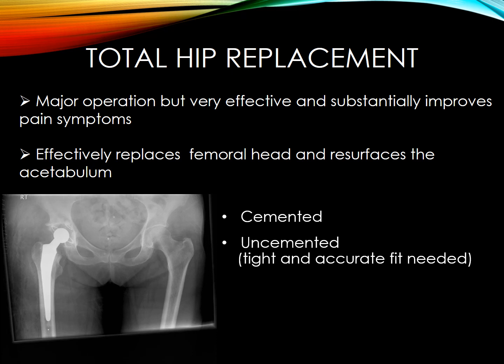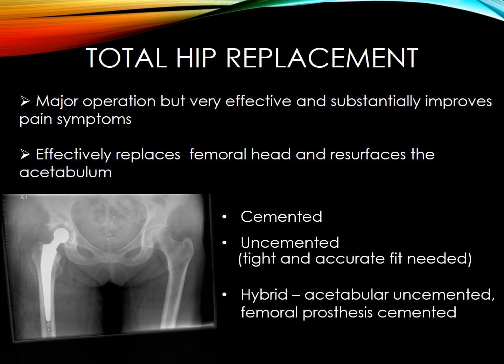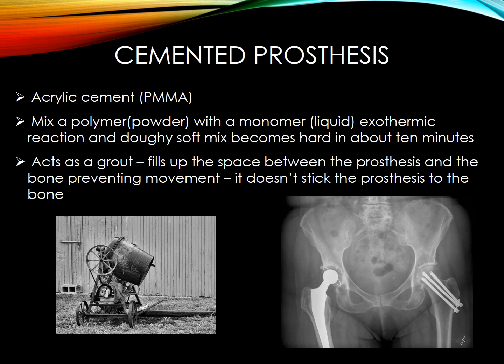And you can do that with the acetabulum, but it's much more difficult to get the femoral stem to lie alongside the inside of the femoral canal. So what a lot of my colleagues do now is they put in an uncemented acetabulum and they cement the femoral stem, and they call this a hybrid prosthesis. And I should say at this point there's absolutely no evidence that there's any benefit from an uncemented prosthesis compared with a cemented one.